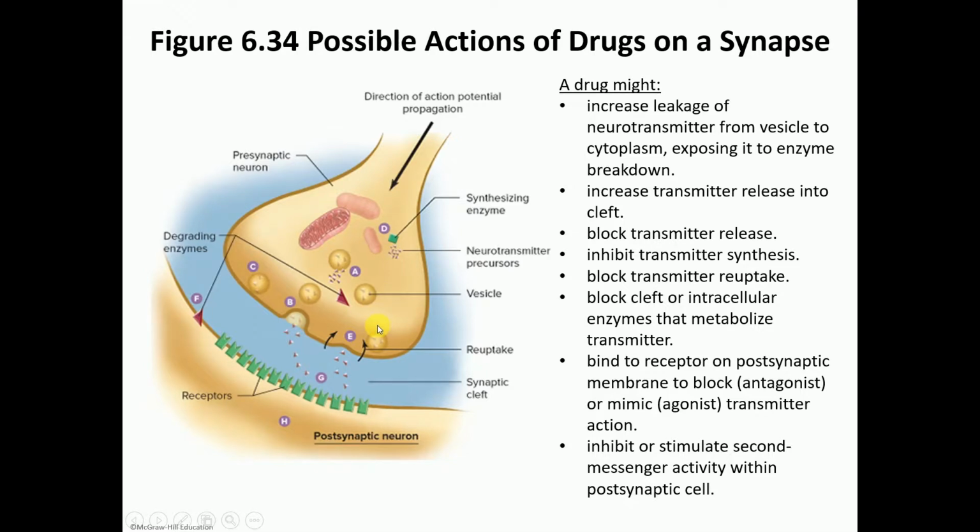Remember the vacuuming of the neurotransmitter back into the presynaptic terminal, hence removing it from the synaptic cleft. We can maybe block the receptors in the postsynaptic neuron. Okay, blocking them. Remember, we have agonists and antagonists. So there are so many different ways where drugs can affect synaptic transmission.